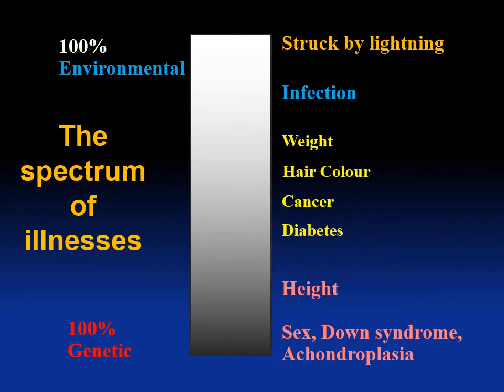I think during the first lecture, there was something mentioned about the spectrum of illnesses and those agents that play a role in causing illness and injury. So this could be anything from environmental to genetic factors.